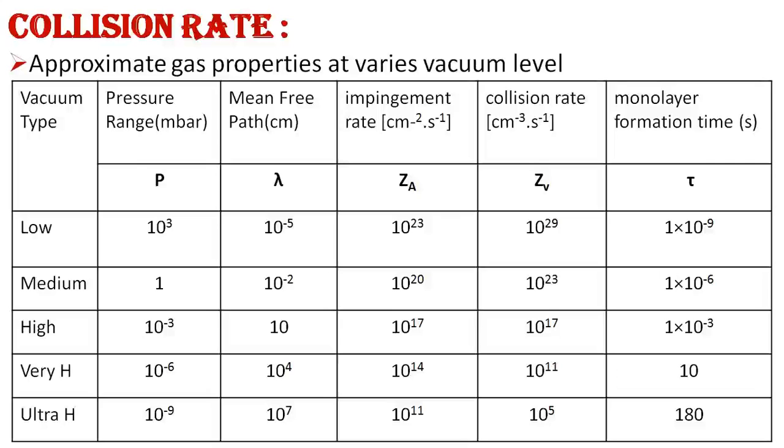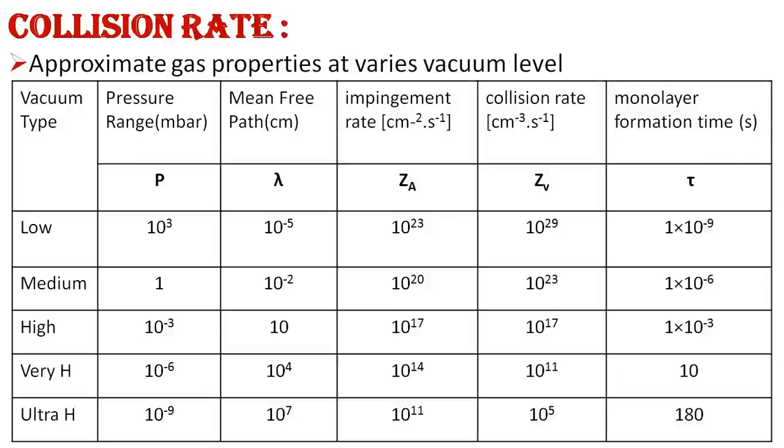Now we have to see what happens when we increase the vacuum type, that is, as the pressure range decreases: the mean free path increases, impingement rate decreases, collision rate also decreases, and monolayer formation time increases.